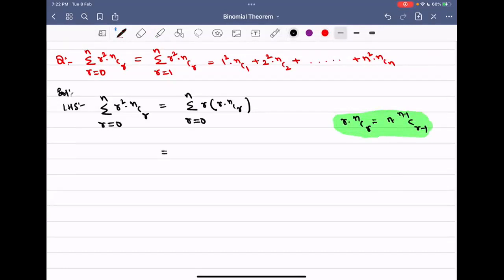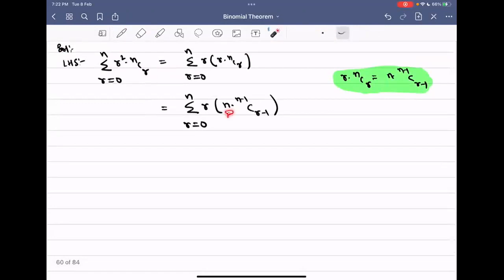This is equal to sigma r equals 0 to n of r into nCr, which is n into n minus 1 C r minus 1. So now you write this n outside the sigma. That is equal to n into sigma r equals 0 to n of r into n minus 1 C r minus 1.